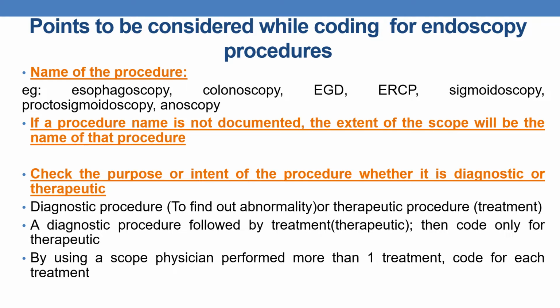Now coming to the points to be considered while coding for endoscopy procedures. First of all, you need to look for the name of the procedure. In the description itself, the name of the procedure will be given.